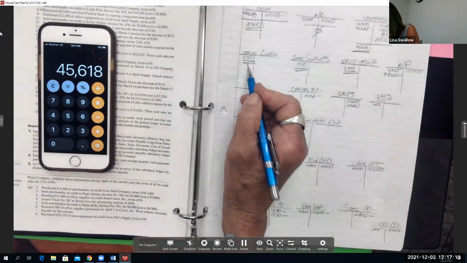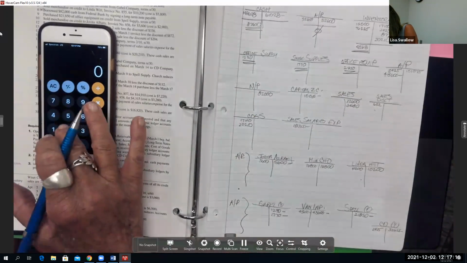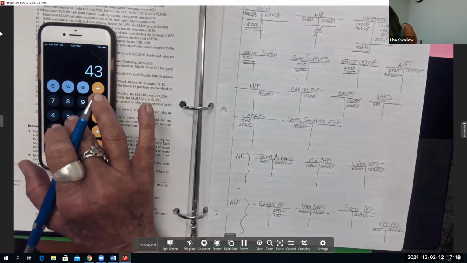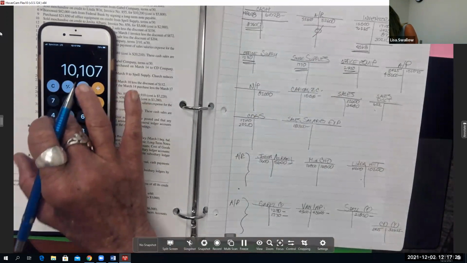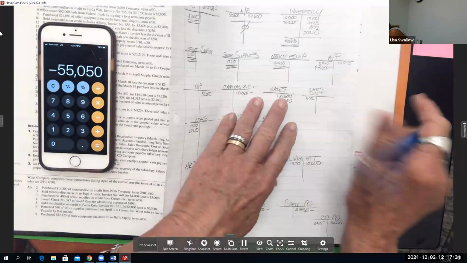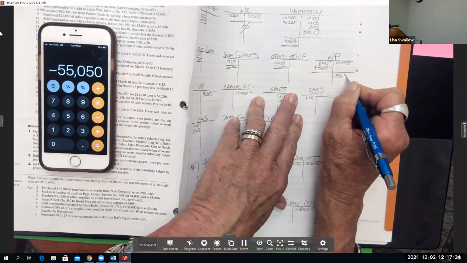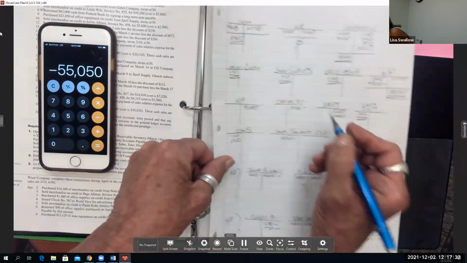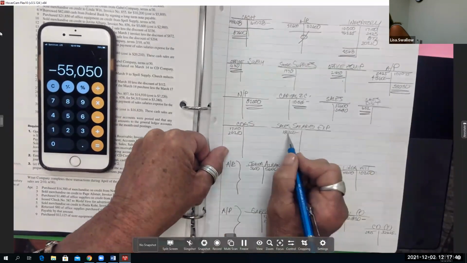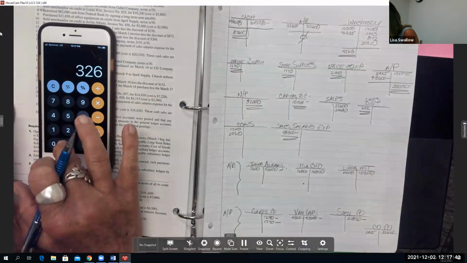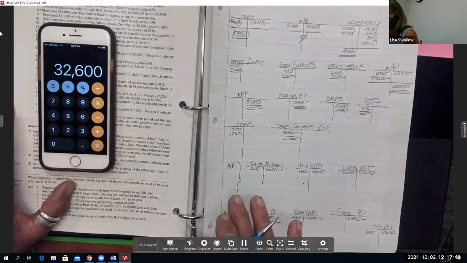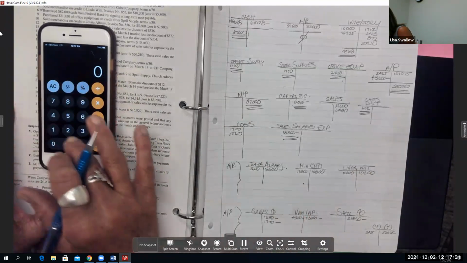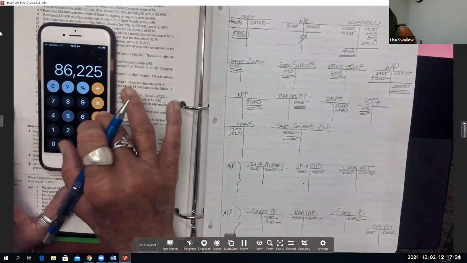Anything that just has one transaction, you can just double underline. That's what I got. Is that what you guys got? 86225.